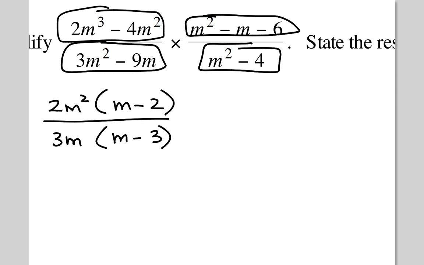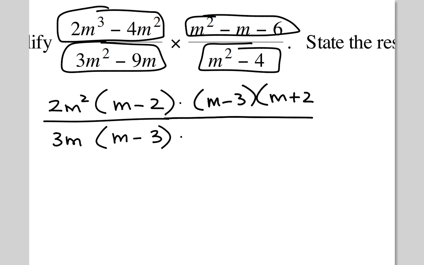You got it? Okay. Now this x, what does that mean? We're just going to extend the line. The top right factors into m minus 3, m plus 2. The bottom is a difference of squares, m minus 2, m plus 2.